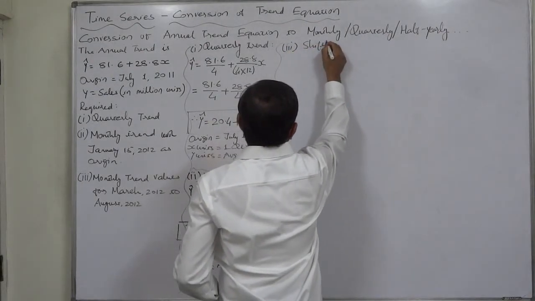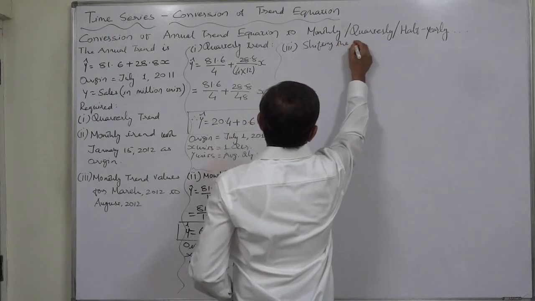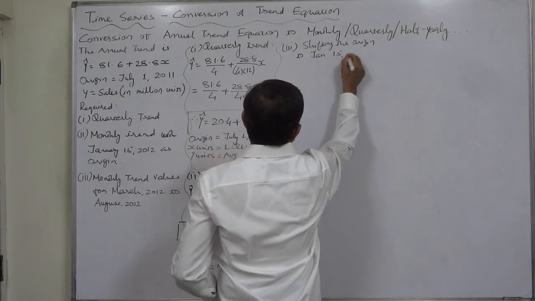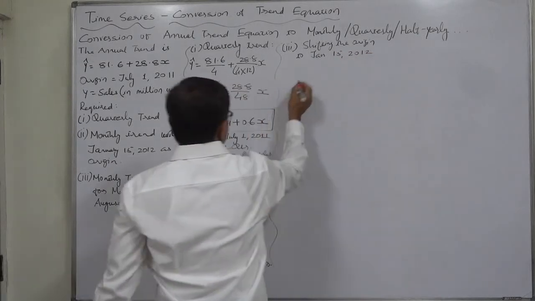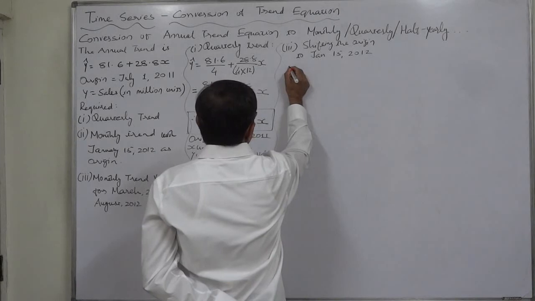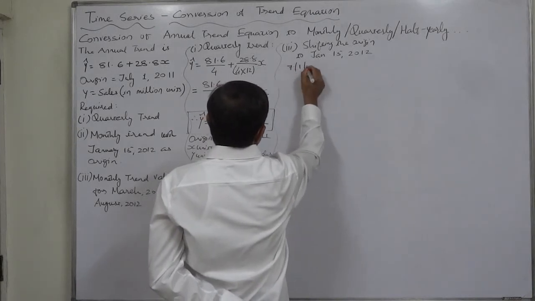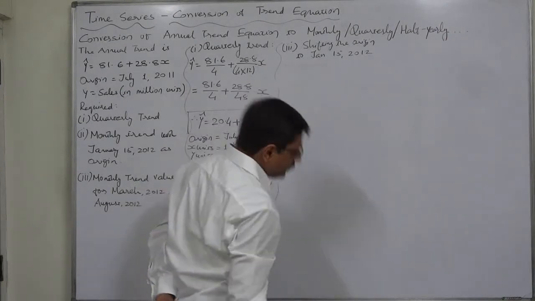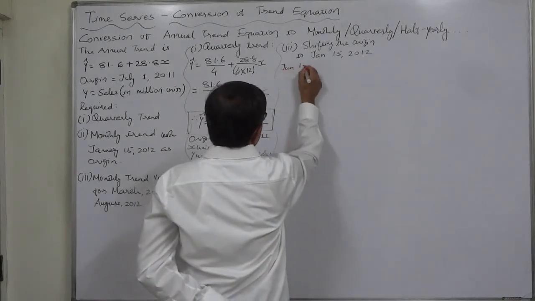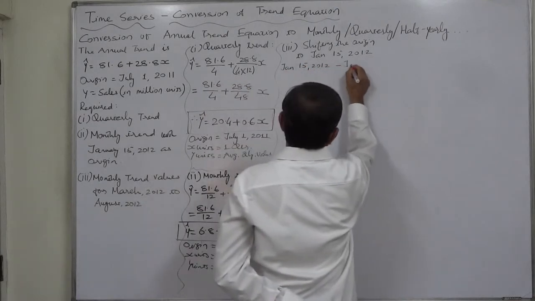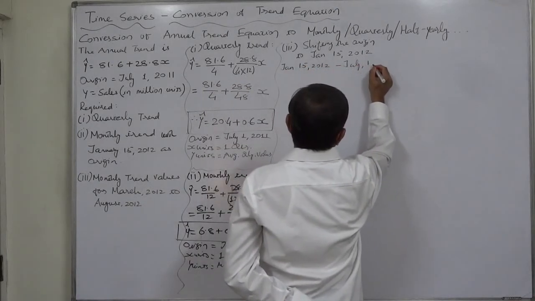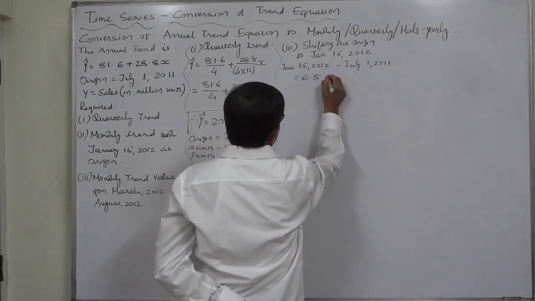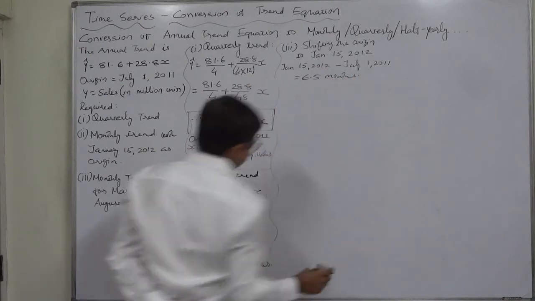Shifting the origin to January 15, 2012. Yes, July 1, 2011, I'm sorry. January 15, 2012 minus July 1, 2011 equals 6.5 months forward.